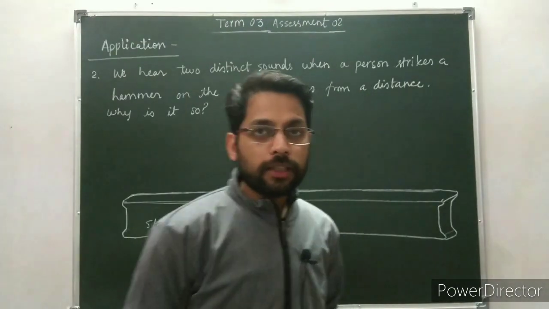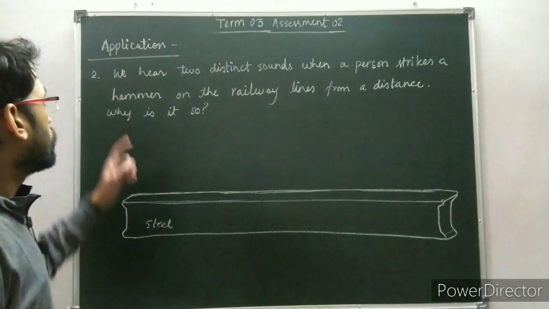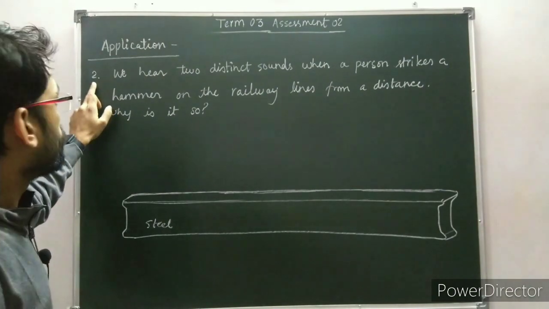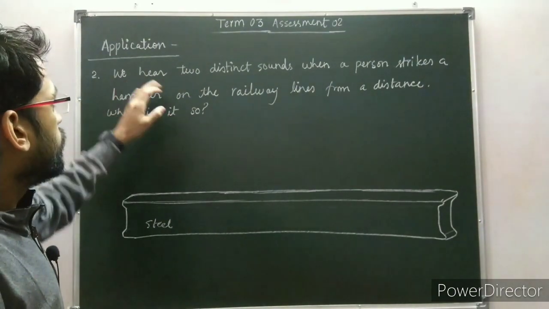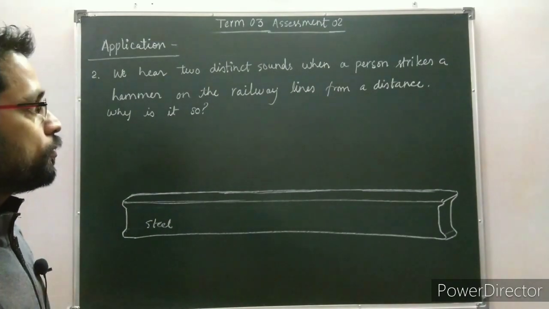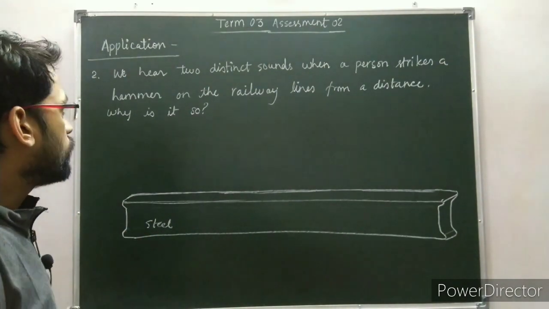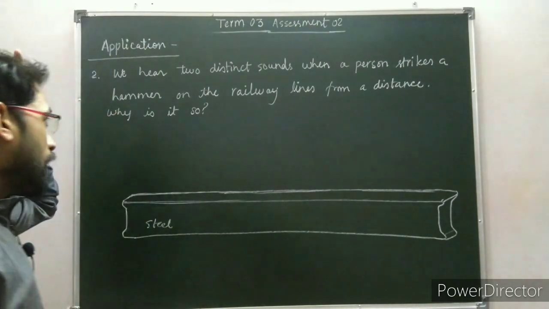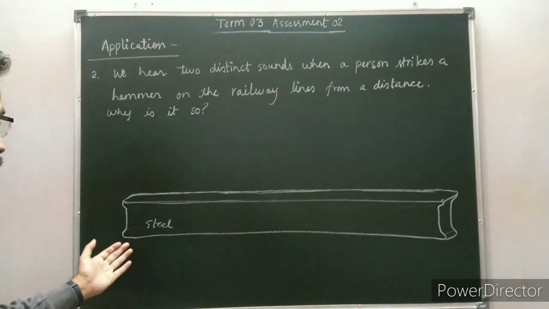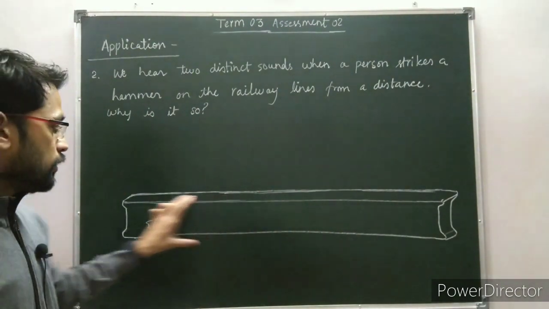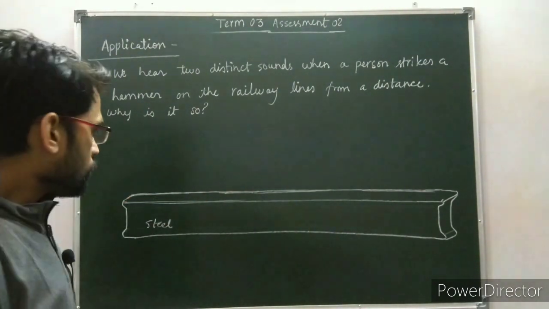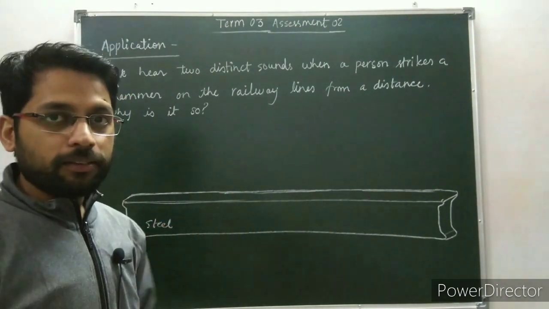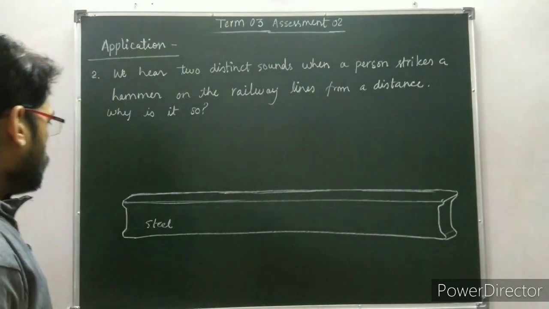Okay, now come to the next question, from the application part. Question number 2. We hear two distinct sounds when a person strikes a hammer on the railway lines from a distance. Why is it so? Consider this is the railway line track, and this track is made of steel.